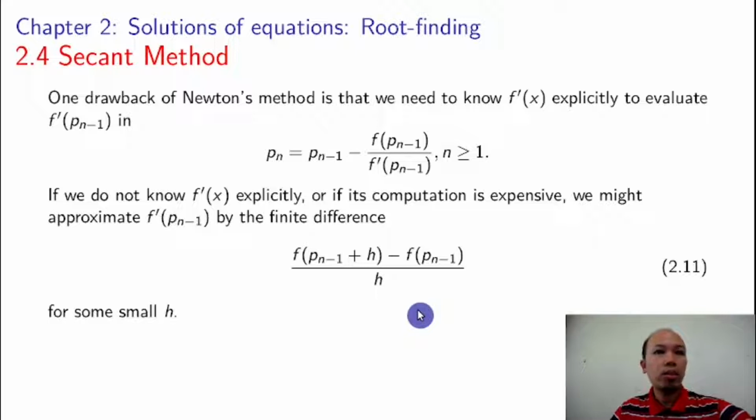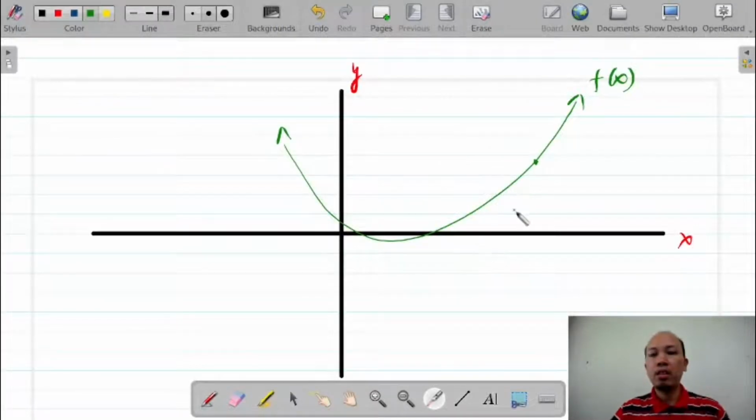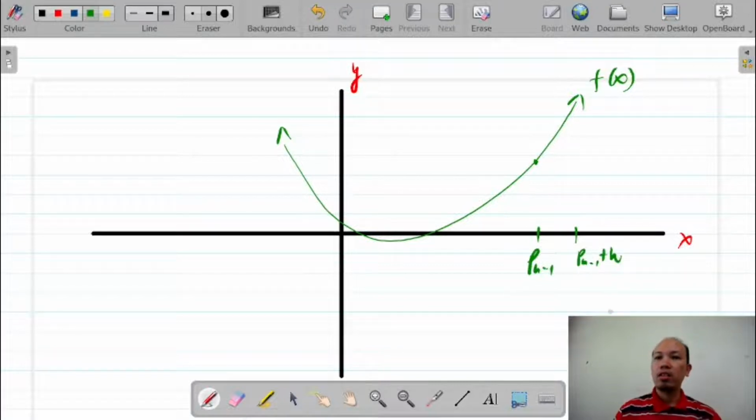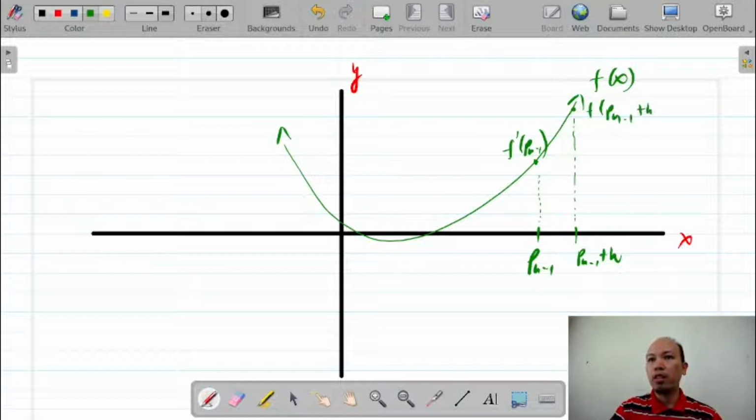Going back to our open board, if this is your p sub n, this is your p sub n minus 1, and this is p sub n minus 1 plus h, then to approximate the first derivative, f prime of p sub n minus 1, you will use the finite difference. So this is f of p sub n minus 1 plus h.